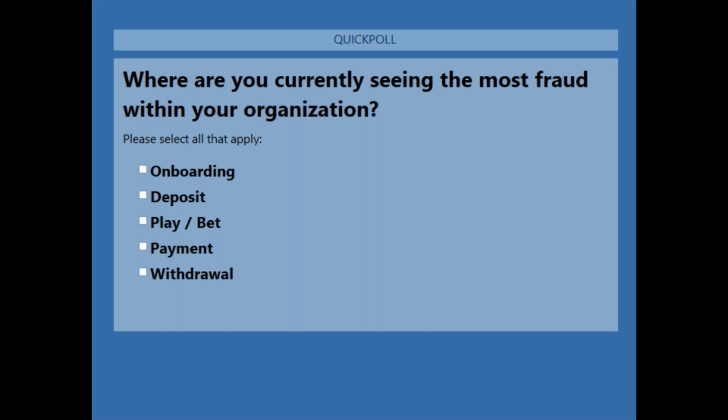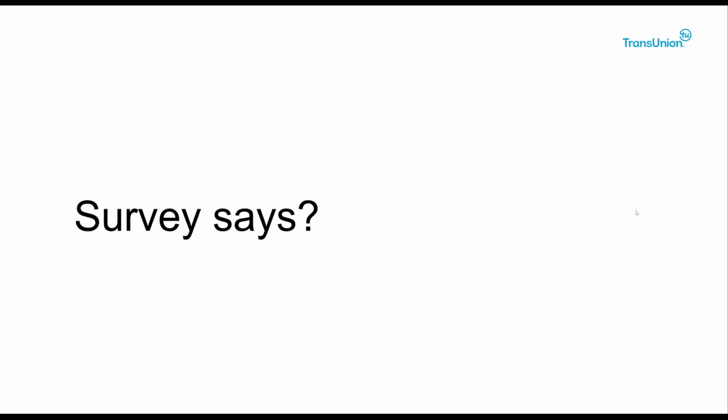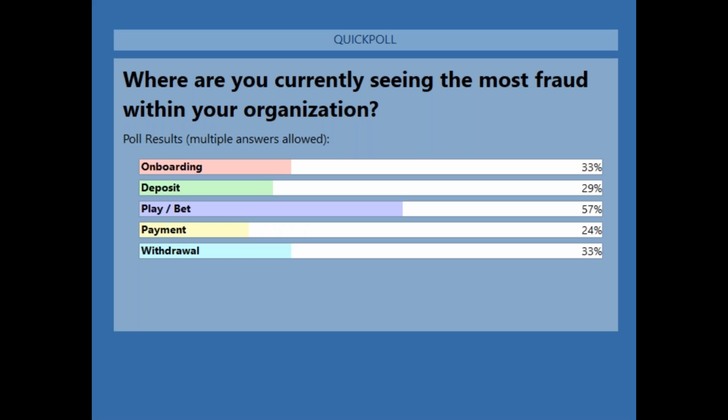All right, Josephine, do we have the results? Yep, we're just closing the survey now. Cool, so 33% said onboarding, 29% said deposit, 57% said play and bet, 24% said payment, and 33% said withdrawal. Great.